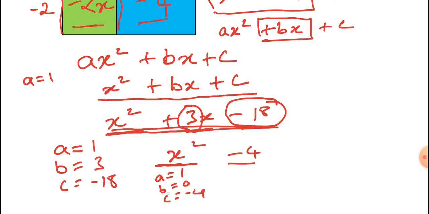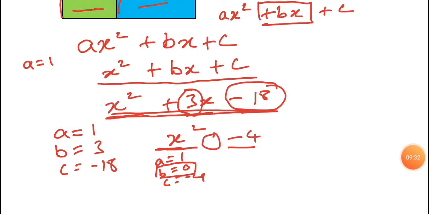So it's a very special situation where b was 0. So 0 times x would just be 0, that's why you don't have that bit there, or that term. So that term is not there. If you don't understand this term, don't worry too much. There will be a separate topic called difference of two squares. We'll cover that in more detail.